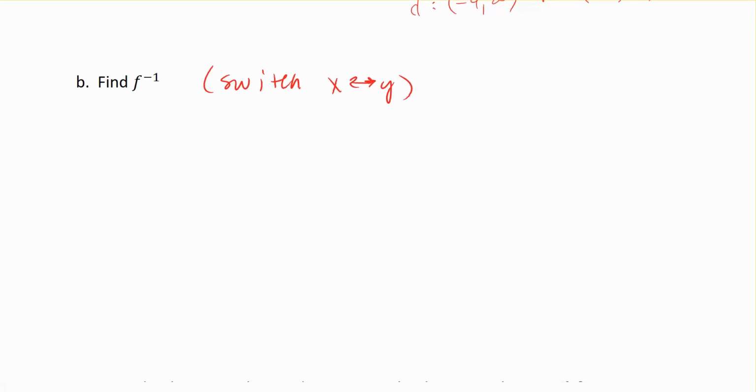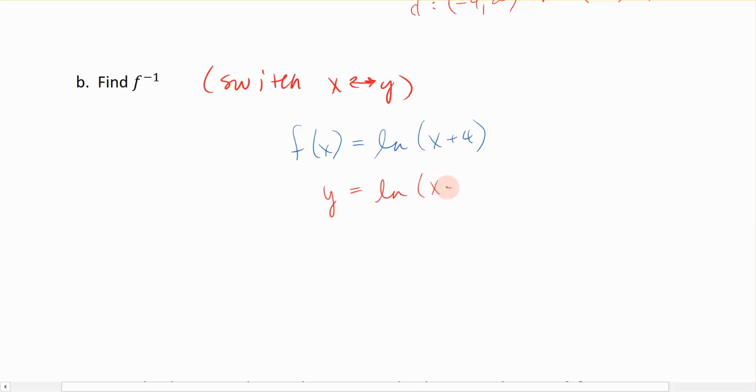So let's write that f, my original function, is equal to the natural log of x plus 4. That's what we started with, and I want to find the inverse function of this. So we're going to rewrite this as y equals ln of x plus 4.